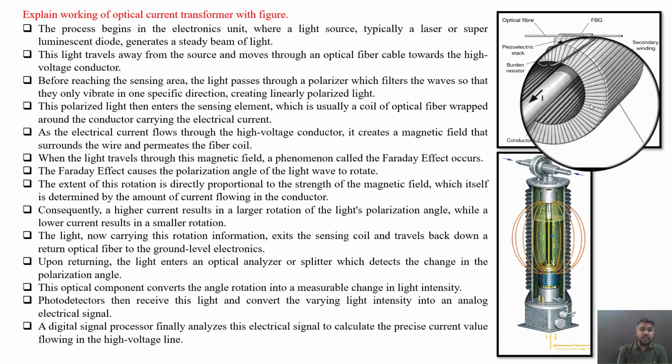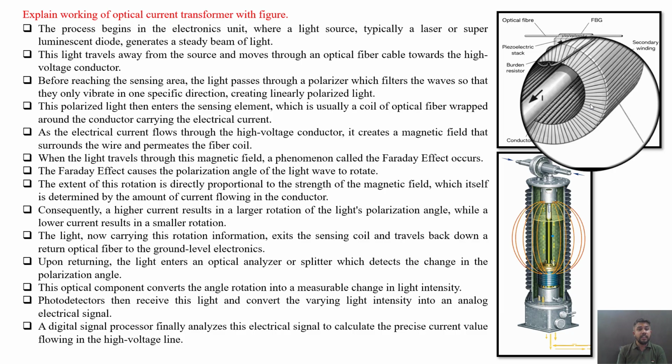The Faraday effect causes the polarization angle of the light wave to rotate continuously, meaning from linear form to rotary form. The extent of this rotation is directly proportional to the strength of the magnetic field, which itself is determined by the amount of current flowing through the primary conductor.